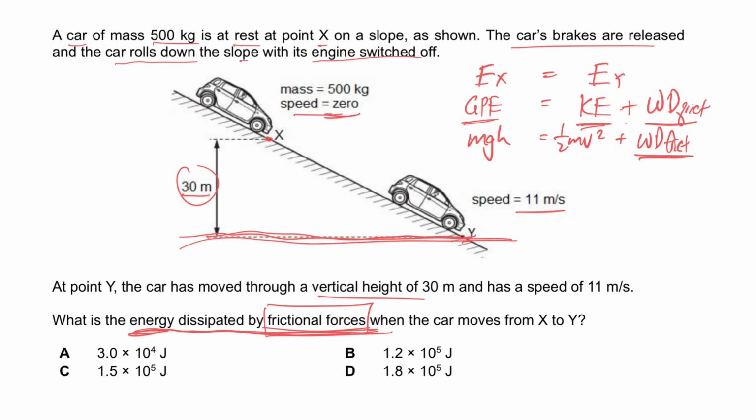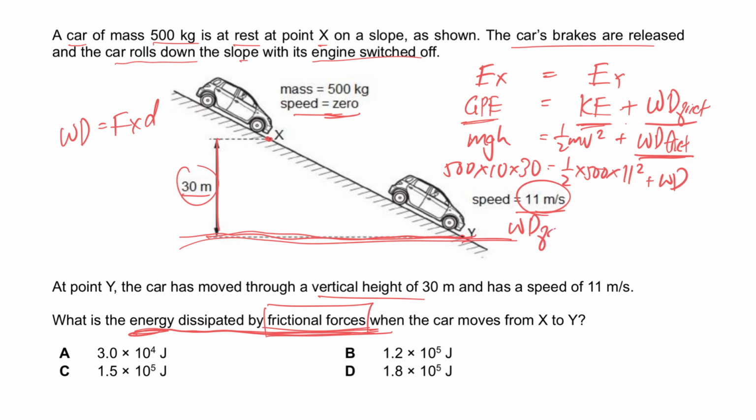There's no need for you to open up the formula force times distance. You just need to sub in the values. The mass is 500 times gravitational field strength 10 times the height, which is 30 meters, equals half times 500 times the speed, which is 11 squared, plus the work done against friction. You can just solve this simple math.